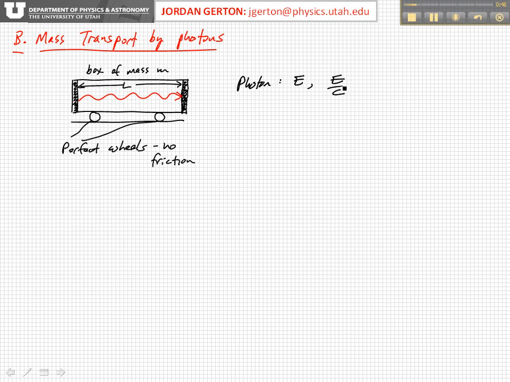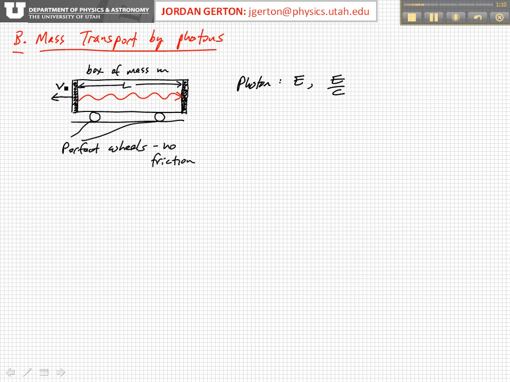In order to conserve three-momentum, when the photon starts to move from left to right with momentum E over c, the box has to get a kick to the left, so it has to acquire velocity v.